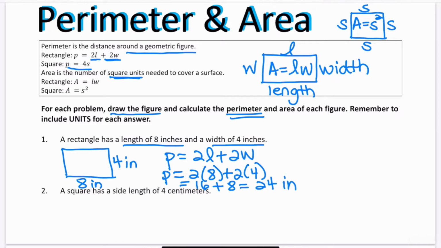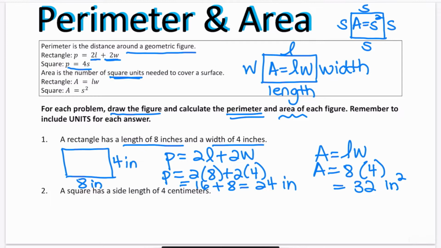To find the area of this rectangle, I need to multiply the length times the width. So here the area is 8 inches times 4 inches, which is 32 square inches, because the units are always going to be square. So those are the answers for question number 1.